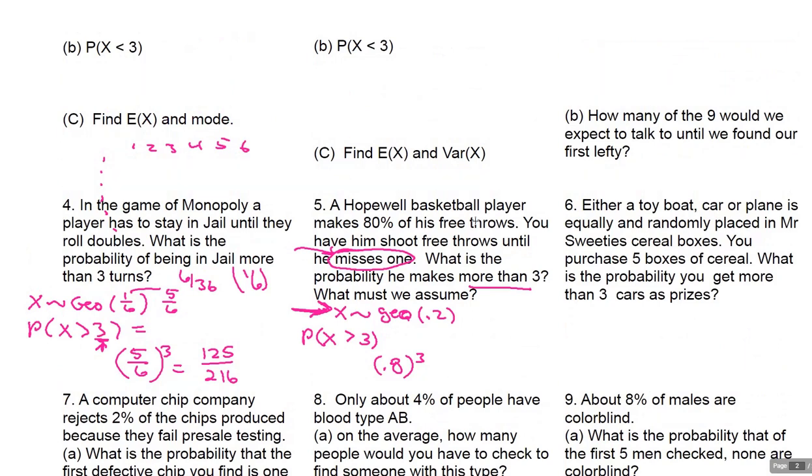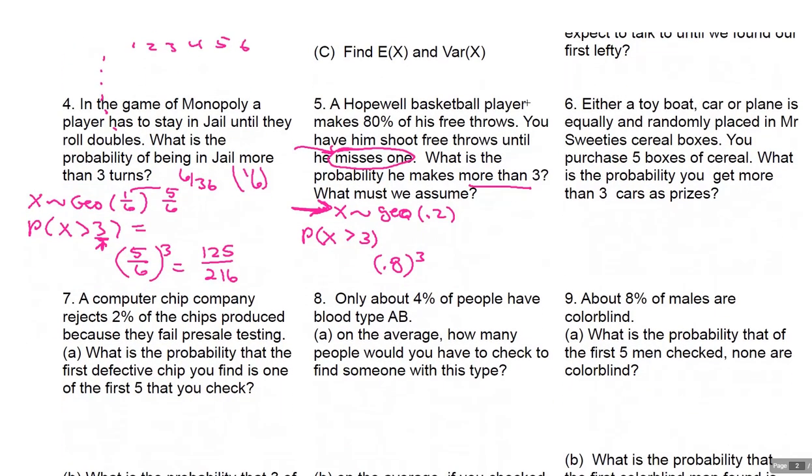So look at number 6. Either a toy boat, a car, or a plane is equally and randomly placed in these cereal boxes. You purchase 5 boxes of cereal. What's the probability that you get more than 3 cars as prizes? What are you interested in?